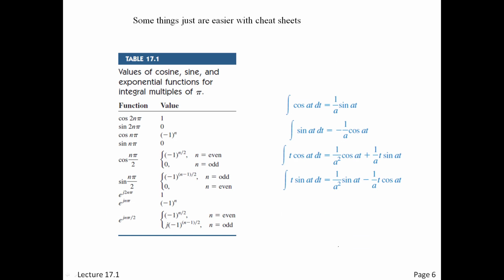But again, tables are good. Some things are easier when you have cheat sheets. And here's a simple statement of that. So the values of the cosine and the sine, handy to keep this around, okay? These integrals, we've had these around, and it's important to keep them around. All right, so we have these in our tables of stuff.